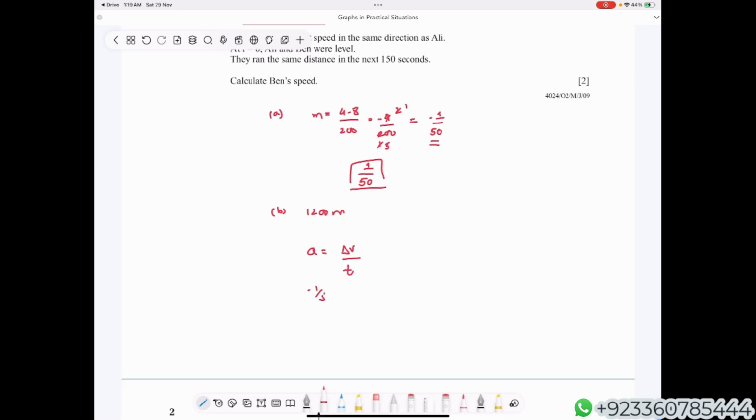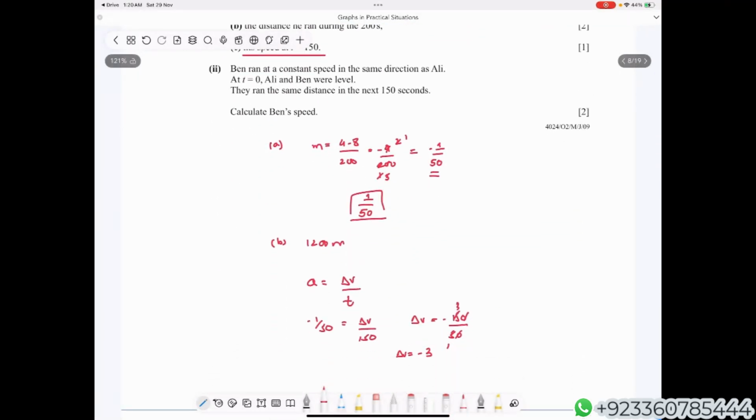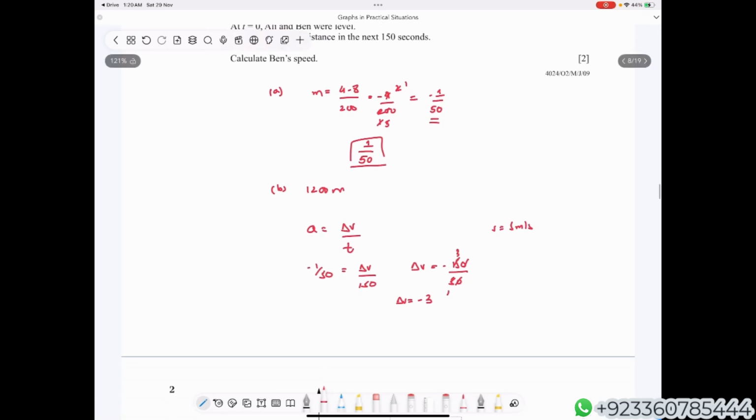So minus 150 is equals to change in speed over time, which is 150. From here, change in speed is going to be 150 over 50. So this and this is going to cancel out. 5 1s are, 5 3s are. So the change in speed is going to be minus 3. A decrease of 3. That means the speed at time t is equals to 50 is going to be 5 meters per second. I hope this is clear.